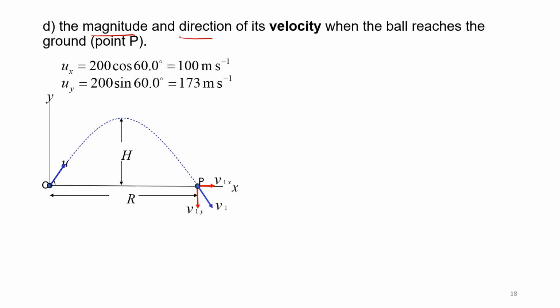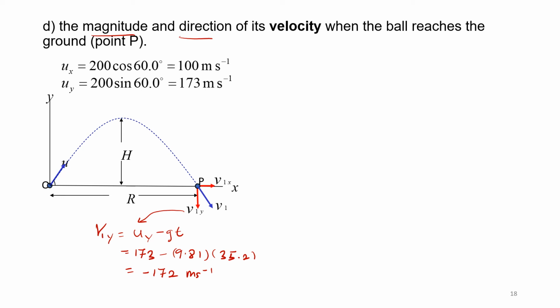Before we calculate V1, you must calculate V1Y equals Uy minus Gt, Uy 173 multiply 35.2, we get V1Y negative 172 meter per second.